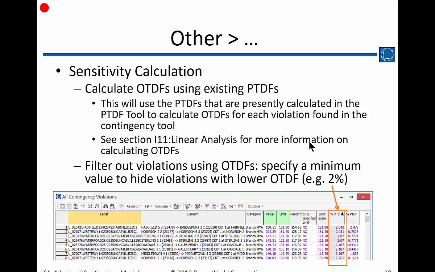And then also, if you're using our sensitivity tools like PTDFs, you're looking at a transfer between parts of the system, and you only want to look at contingency violations that impact that transfer, then you can use this under the other tab, calculate OTDFs using existing PTDFs, and then filter out violations that are less than a certain OTDF. So you can only look at those contingency violations that impact the transfer that you calculated in the PTDF dialog.